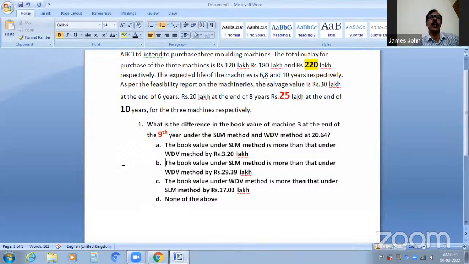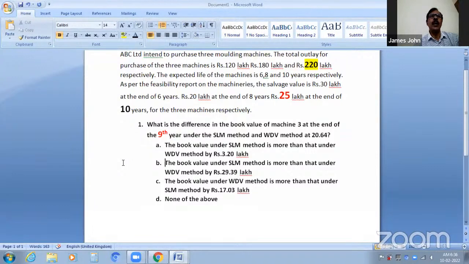You have to calculate the book value under straight line method at the end of 9th year, and similarly the book value under written down value method. For straight line, you calculate per year depreciation, multiply by 9 to get the total depreciation, and subtract it to get the book value.